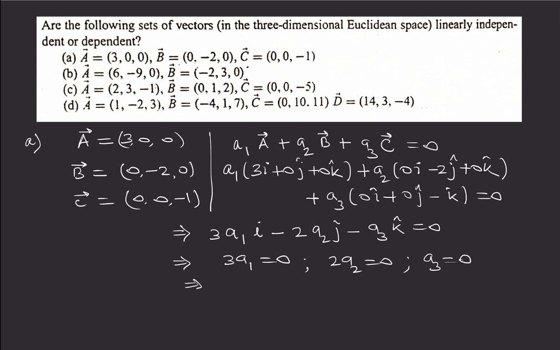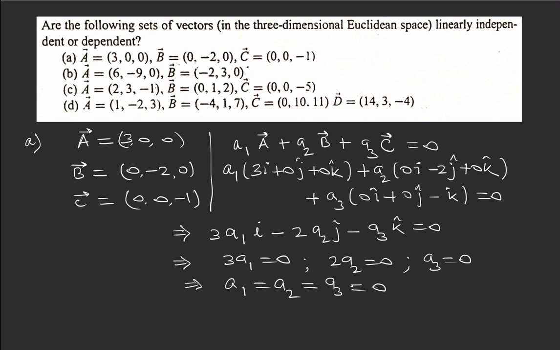Therefore, A1 is equal to A2 is equal to A3 is equal to 0. That is, this first set of vectors is linearly independent.